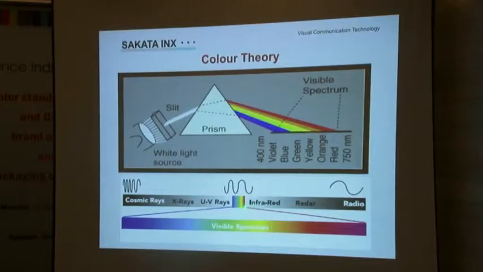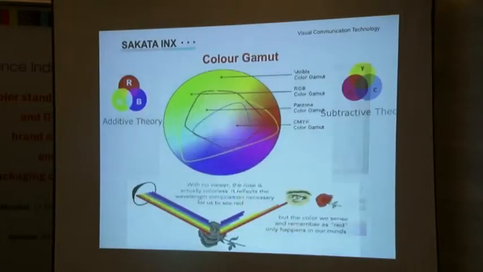Red is 600 to 700, green is 500 to 600, and blue is between 400 to 500. This is the theoretical explanation and understanding of color.